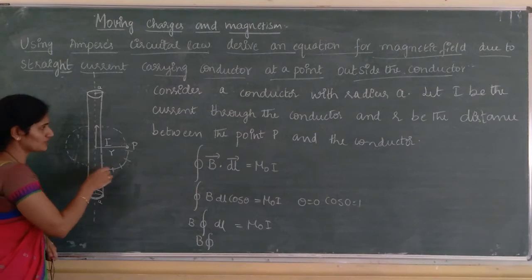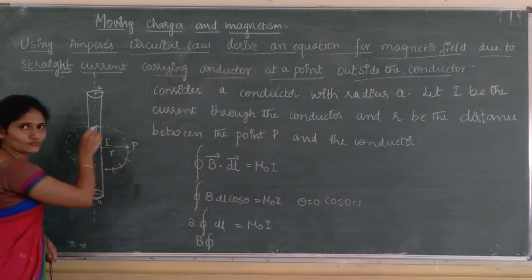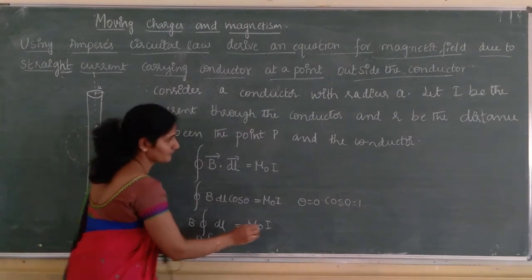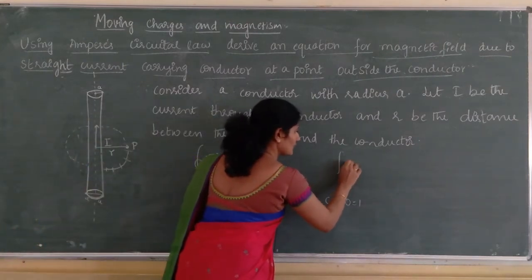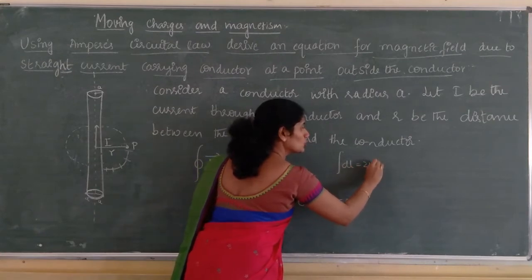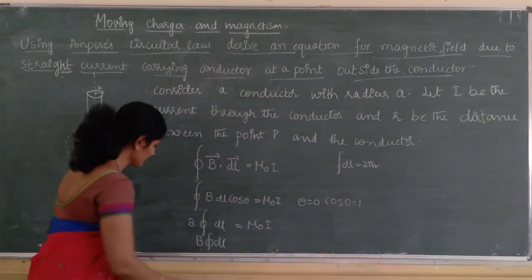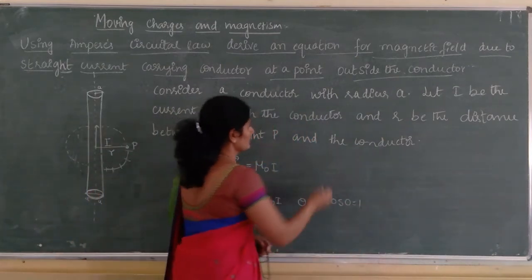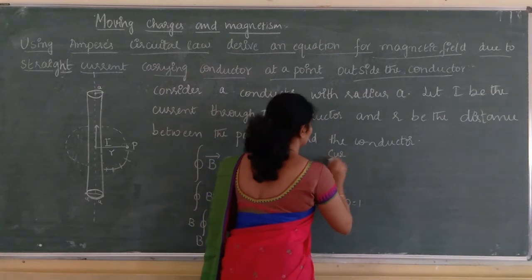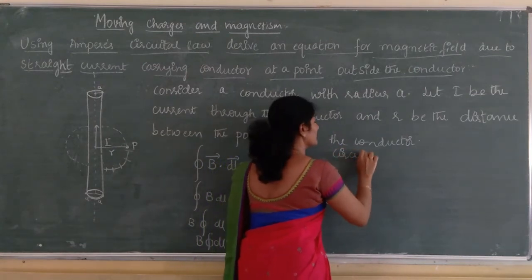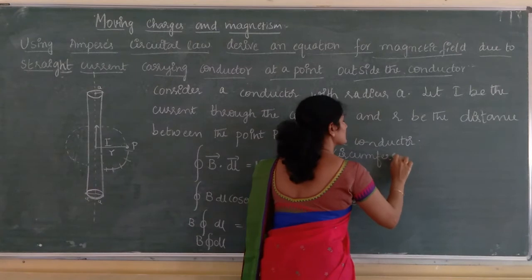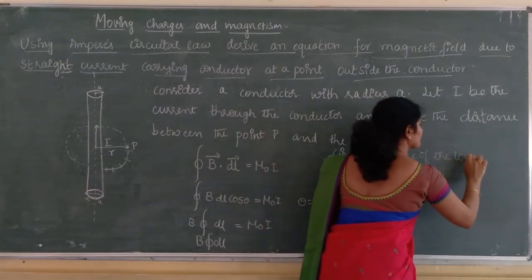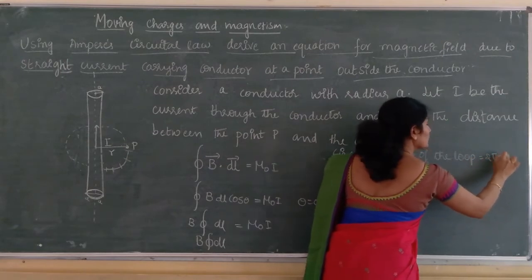On integrating all the dl's together, we get this loop. So, the integration of dl is nothing but the circumference of the circle. We know that the circumference of the circle is 2 pi r, right. So, the circumference of the loop is equal to 2 pi r.